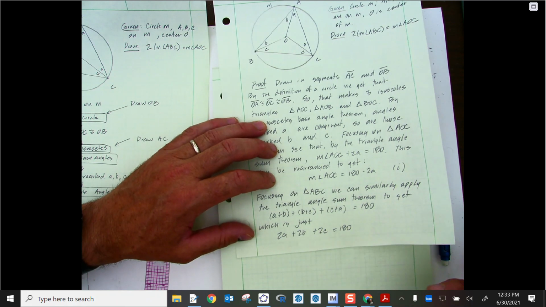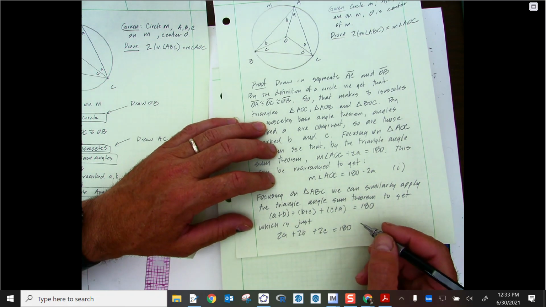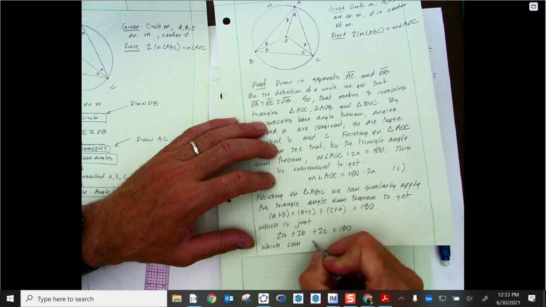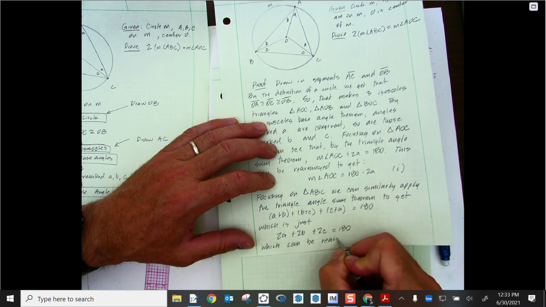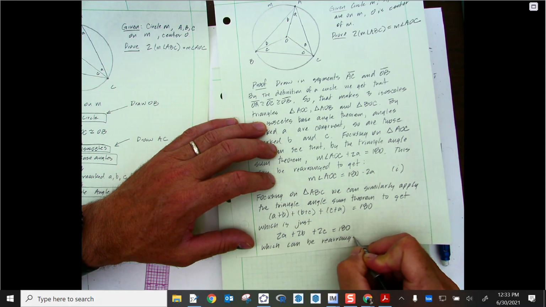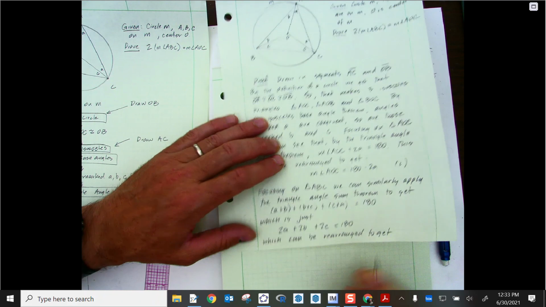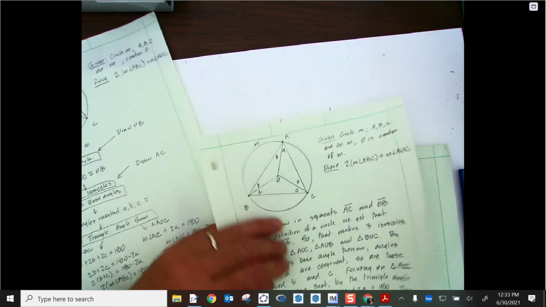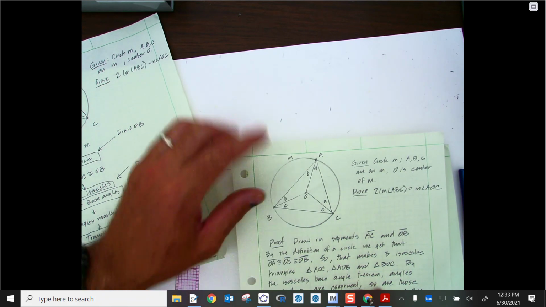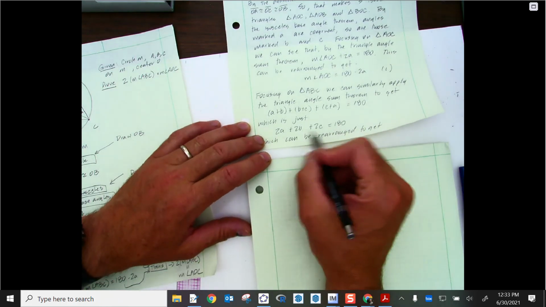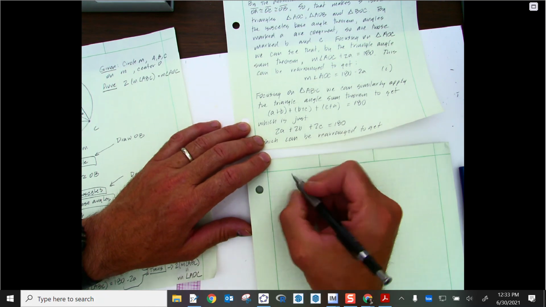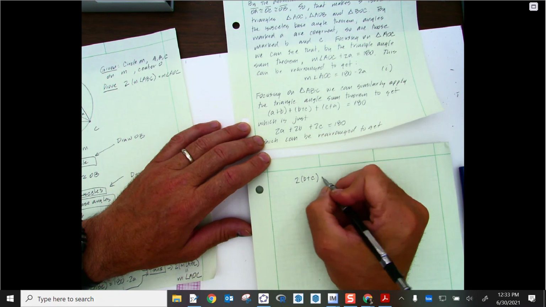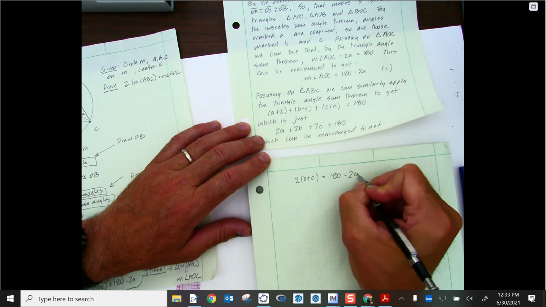And then what we want to do is rearrange it. So we'll say which can be rearranged to get, what we want is that B plus C piece alone. Sorry, you can't see it. So that's what I'm going to do. I'm going to put the B plus C and call it 2 times B plus C, and that's going to be equal to 180 minus 2A.